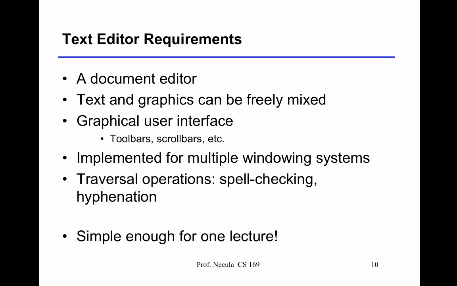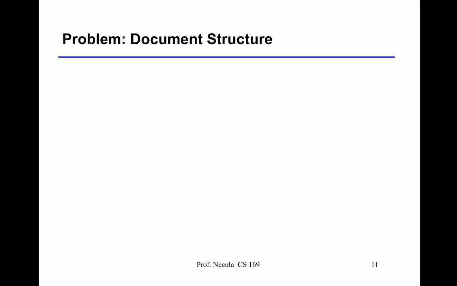We'll complicate the problem by seeing how do you design it such that it can be ported easily to different look and feels, maybe even different GUI implementations, like to run on Mac versus Windows without changing most of the code. That's one kind of problem we'll be looking at, and we'll end up with operations on text like spell checking, find and replace and such. So how do we design the data structures and the objects to do this efficiently?